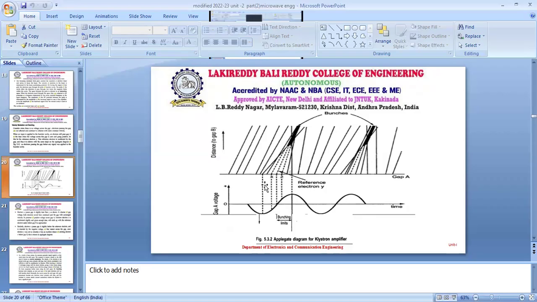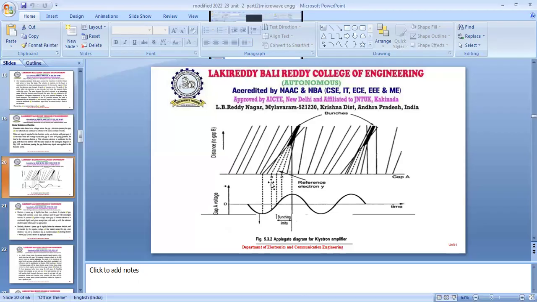For example, take X, the early electron. This X electron interacts with the RF field at the buncher gap or buncher cavity, which is on the negative side. If the electron interacts with the negative RF signal, the electron is a negative charge, so a repulsion force is there, that will decrease the velocity of this X electron.